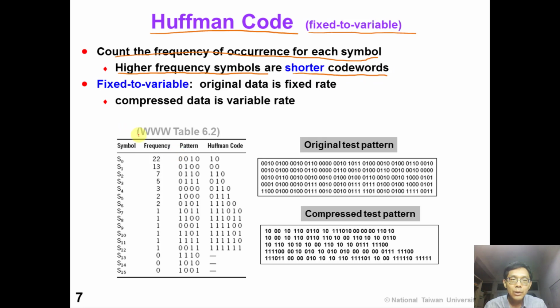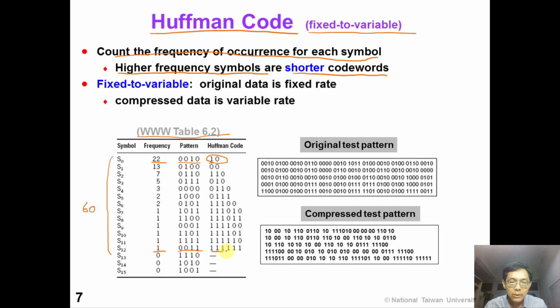This is an example shown in textbook table 6.2. Suppose the total frequency of occurrence is 60 and the pattern 0010 appears 22 times. So we assign it a small Huffman code of 2 bits only. On the other hand, the pattern 0011 appears only 1 time.